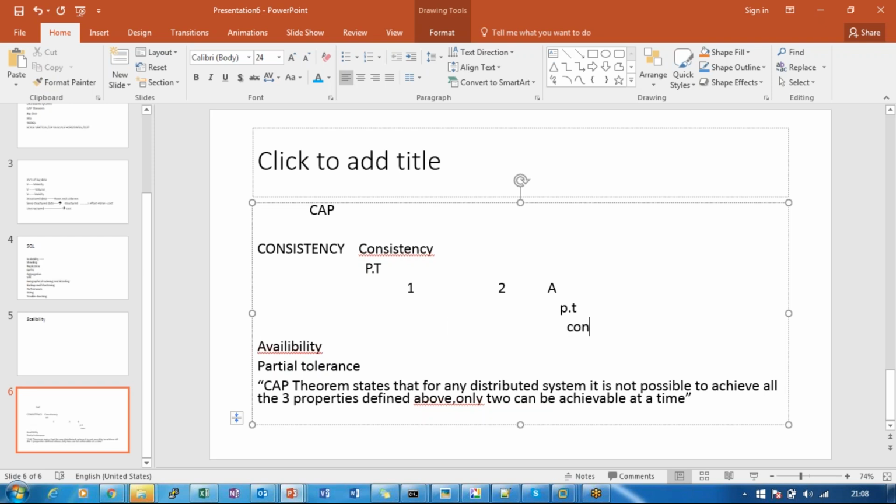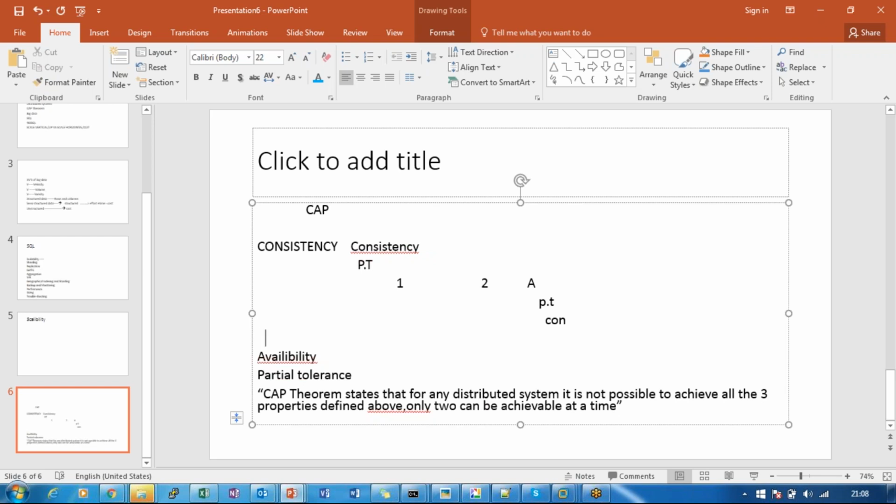Consistency is not there. To achieve consistency, here is what I have decided: 1 and 2, both of us will share the data between each other every 10 seconds. For example, if in 10 seconds one request has come, I will tell B, if he is sitting nearby, that I received this request, please update your calendar also.